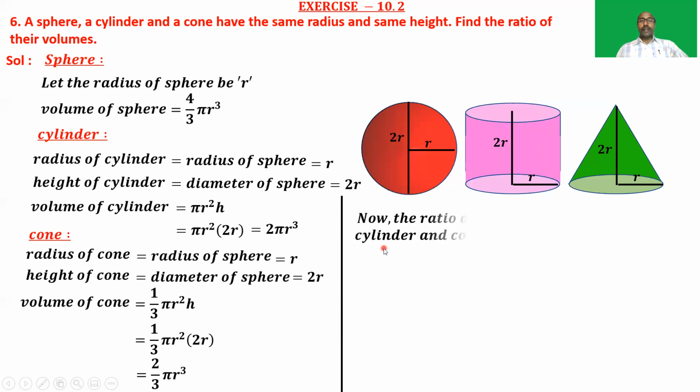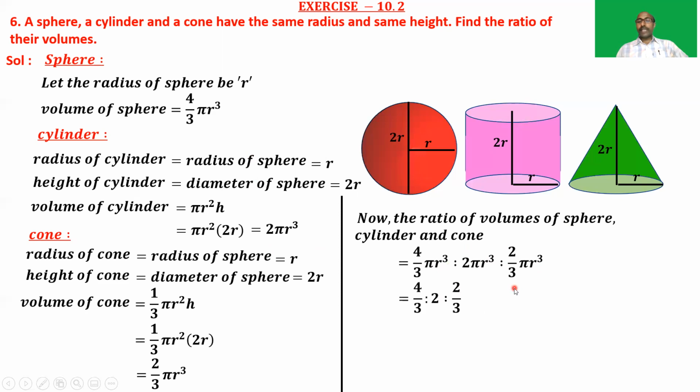Now the ratio of volumes of these three figures, that is sphere, cylinder and cone, is equal to 4 by 3 pi r cube is to 2 pi r cube is to 2 by 3 pi r cube. Pi r cube is common in all these terms, so we can divide all these terms by pi r cube and we get 4 by 3 is to 2 is to 2 by 3.